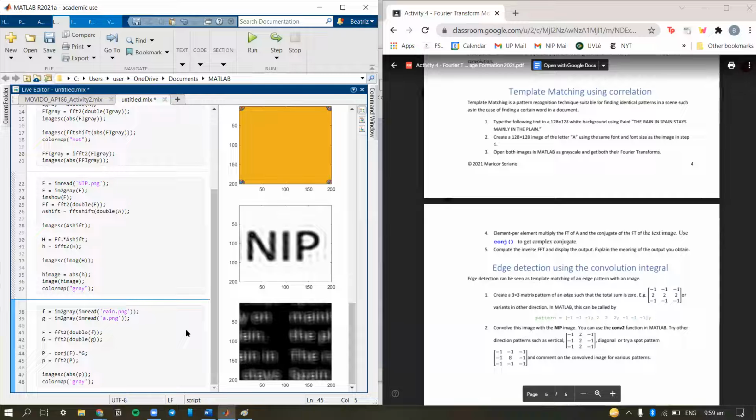Okay, there's a shift. Do we need to FFT shift this? Wait, teka lang ha, let me think. But no, it's not supposed to be FFT shifted. It's okay. Kasi in inverse to.